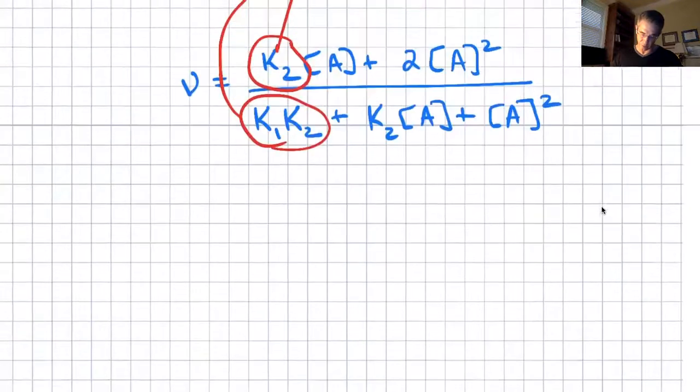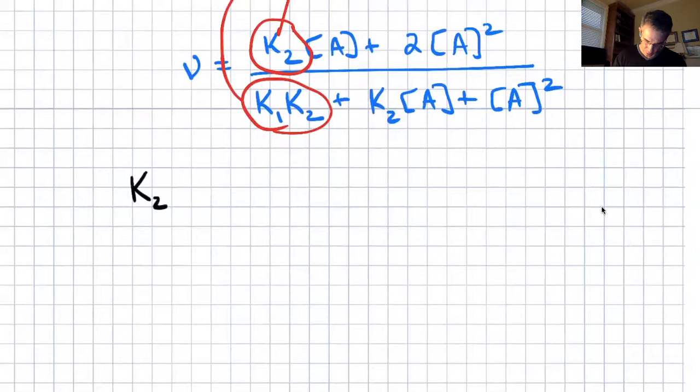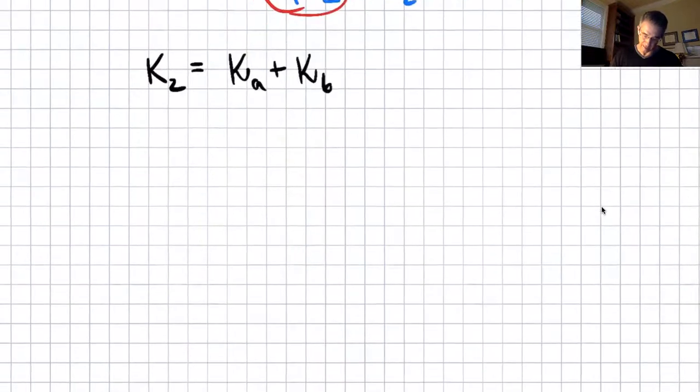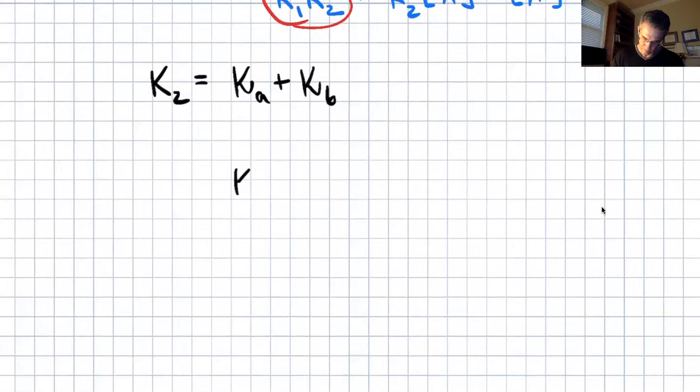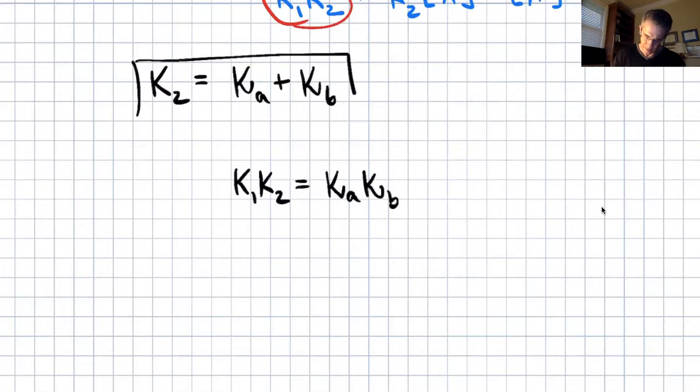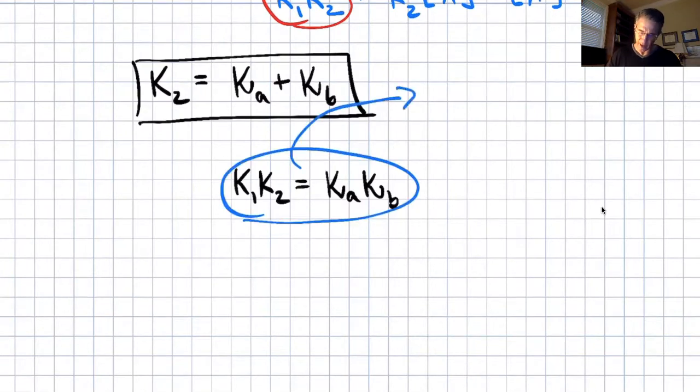Specifically, those relationships say that the macroscopic K2 is simply equal to the sum of those microscopic affinities, kappa A plus kappa B. And because K1 times K2 has to equal kappa A times kappa B, because that's true, and because this first expression is true, we can rearrange and substitute, and the following must also be true: K1 has to simply be equal to kappa A times kappa B divided by kappa A plus kappa B.